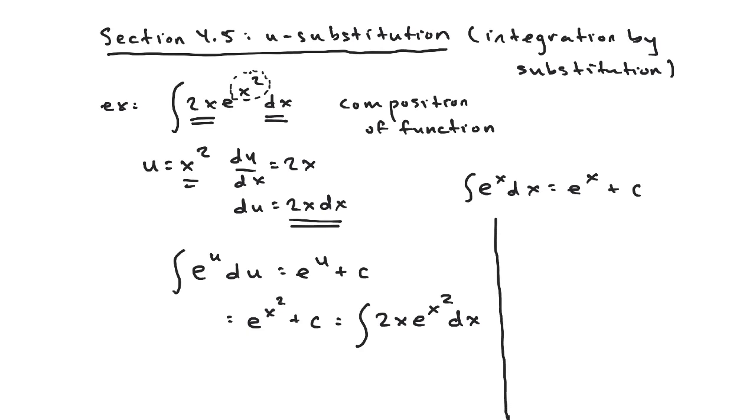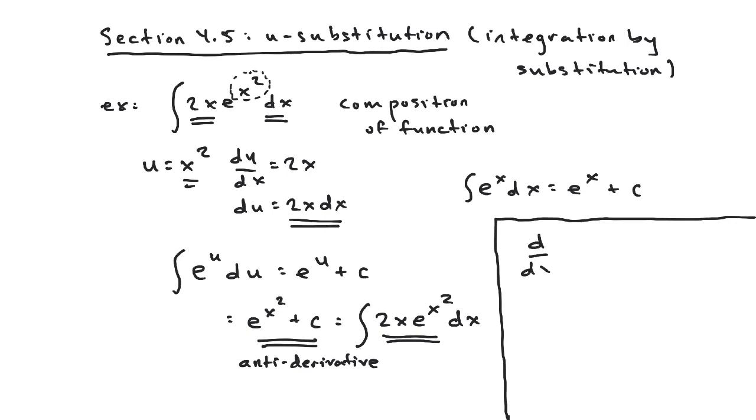So if we're saying that this is the antiderivative, then if we take the derivative of this, we should end up getting the expression in the integrand. So let's say I do d dx of e to the x squared plus c.